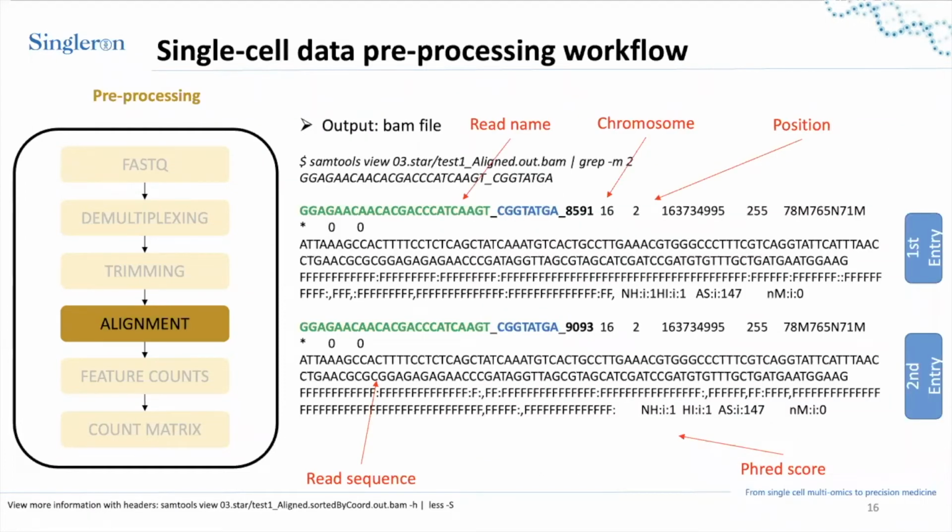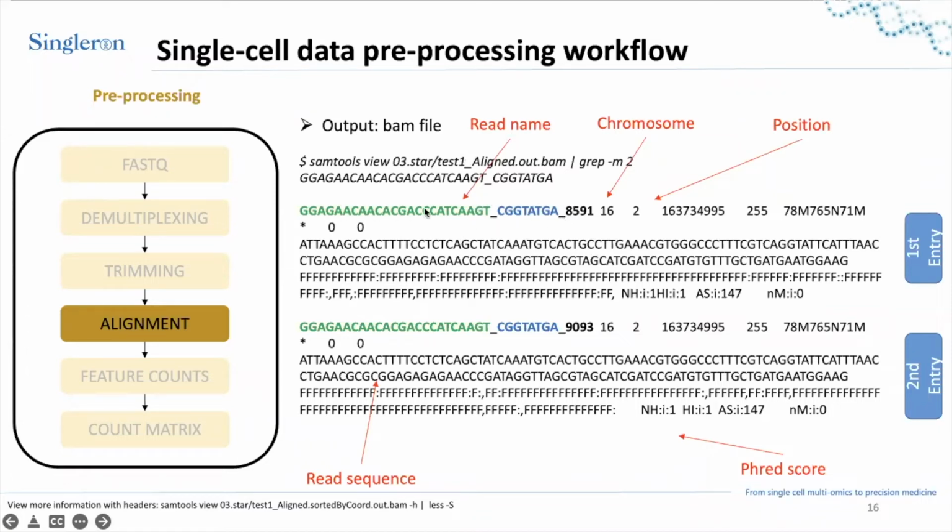Okay, so after the alignment, we have now obtained the BAM files. It's another file structure that captures the result from the sequencing. So again, we see these two sequences, which still follow from the FASTQ files, to trimming, to the alignment. Here in the BAM file, it has the read name.